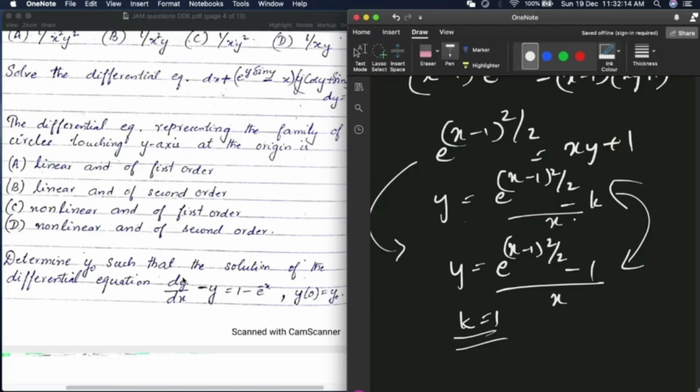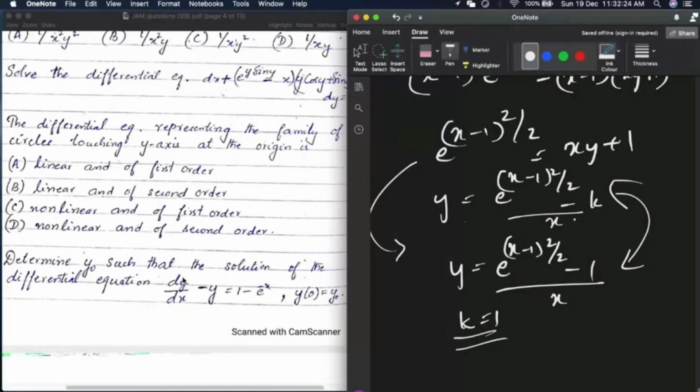The differential equation representing the family of circles touching the y-axis at the origin. What's the answer? I have not checked this actually.